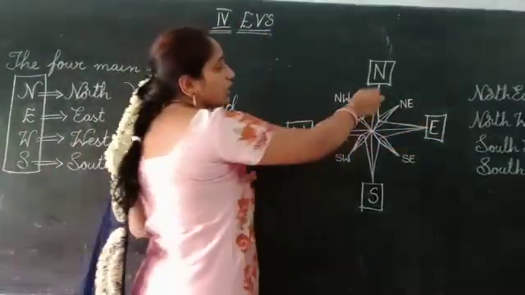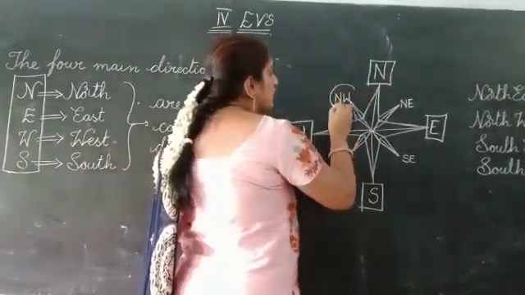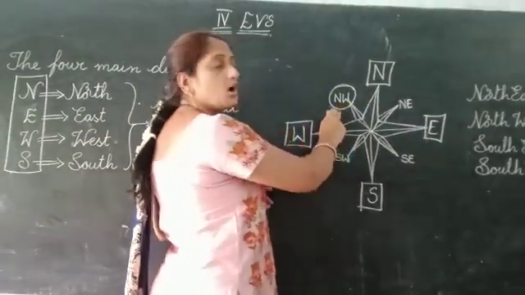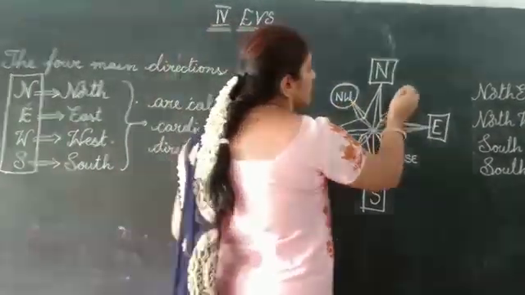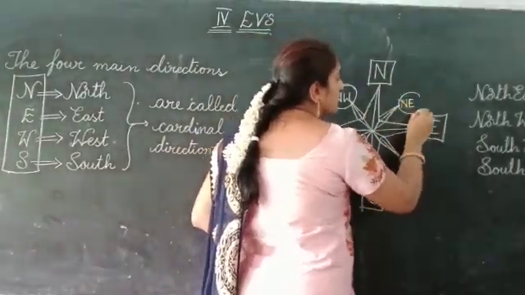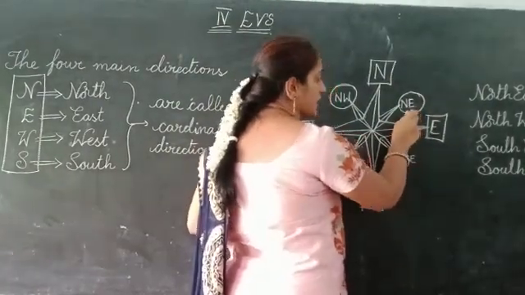Here north is there, and this is west. The direction which lies between north and west is northwest. This is an ordinal direction. And this is north and this is east, and the direction which lies between north and east is northeast. This is an ordinal direction.